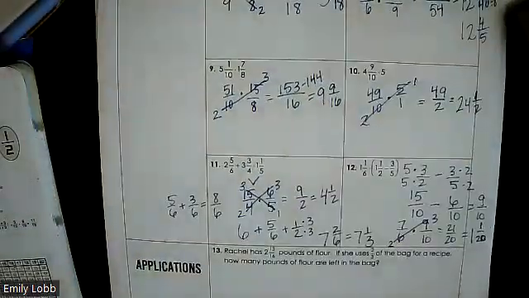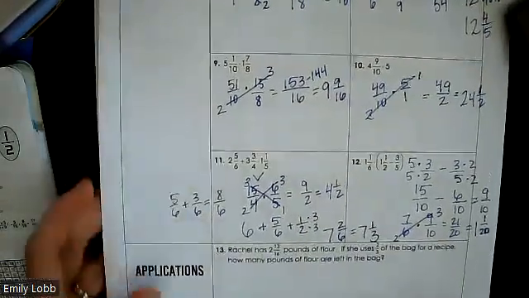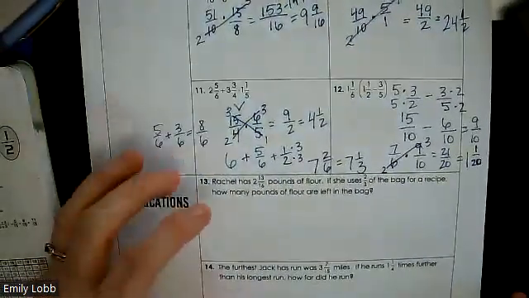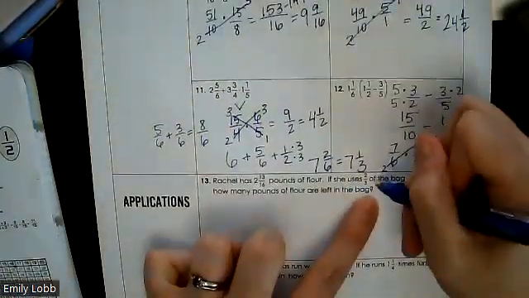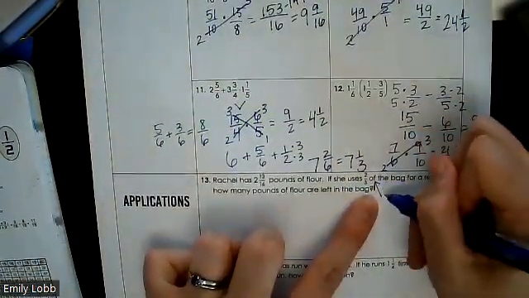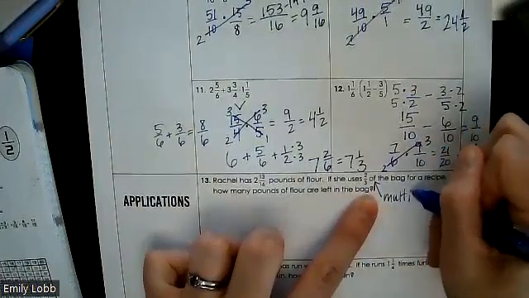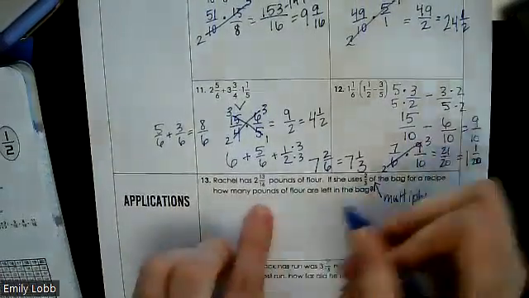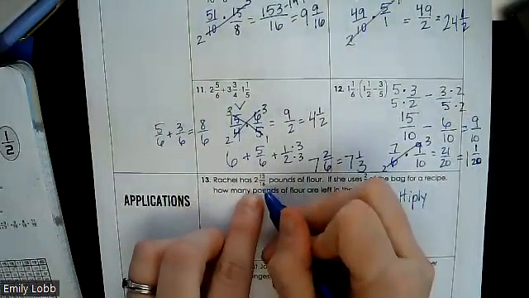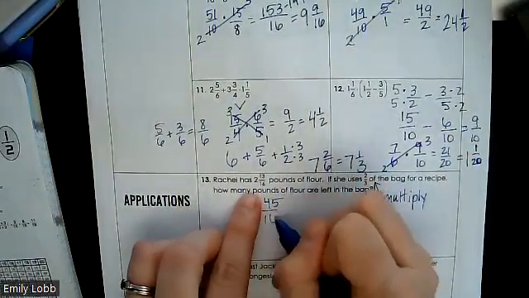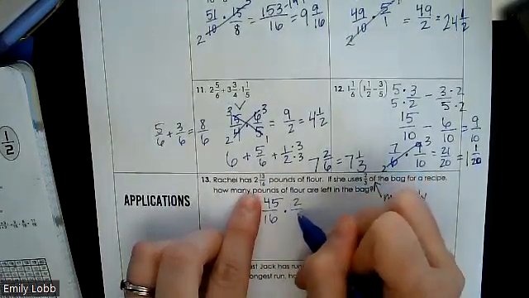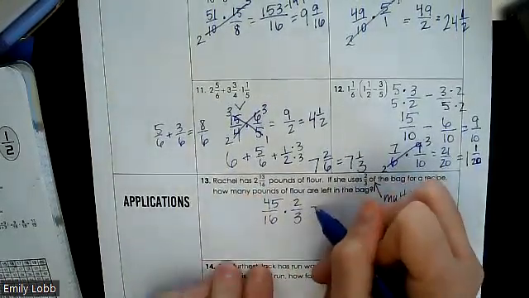Don't worry, you don't have a ton of problems to try on your own. But 2/3 of something means you're multiplying. So we would say this, 2 times 16 is 32, so 45/16 times 2/3. How many?